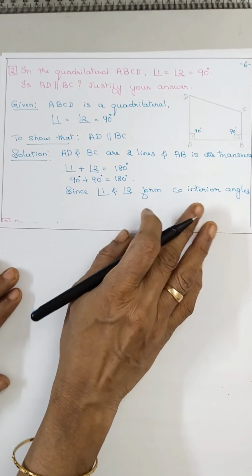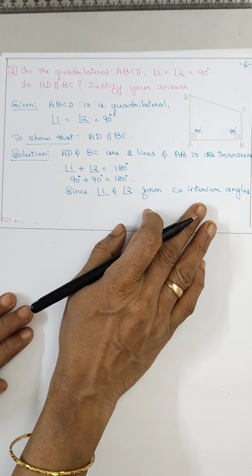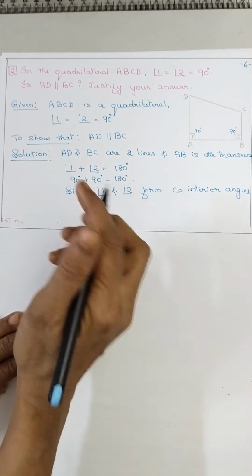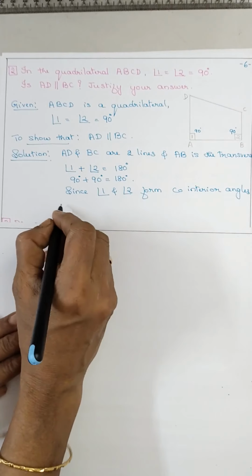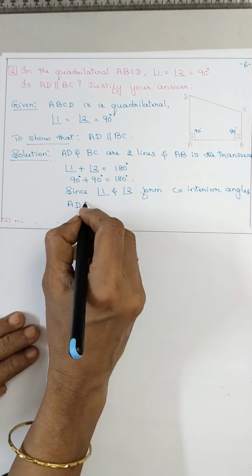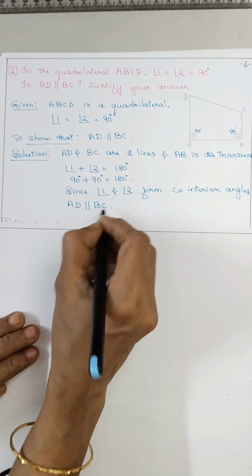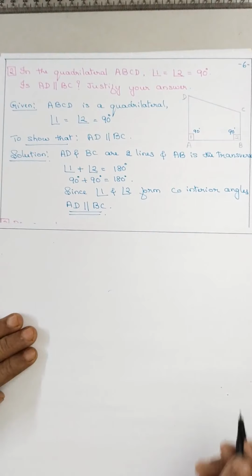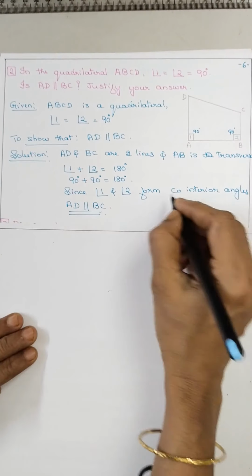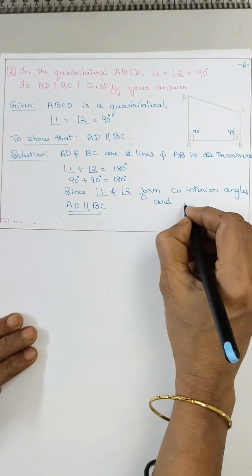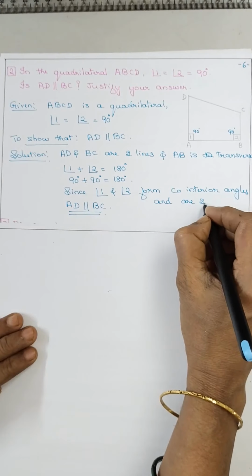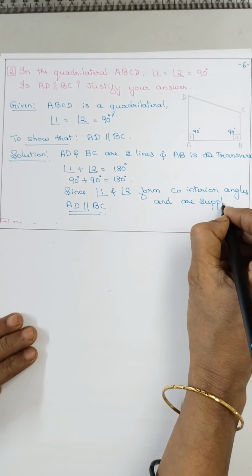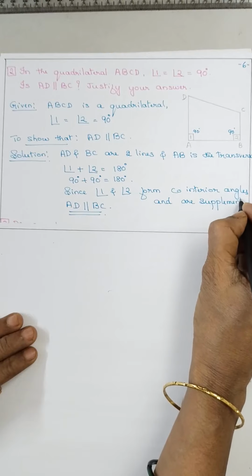Since 1 and 2 form co-interior angles which are supplementary, you have to mention that also.